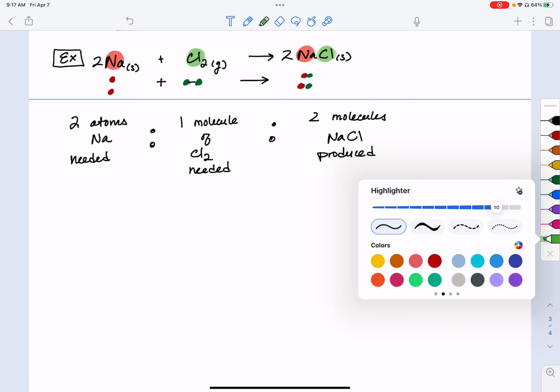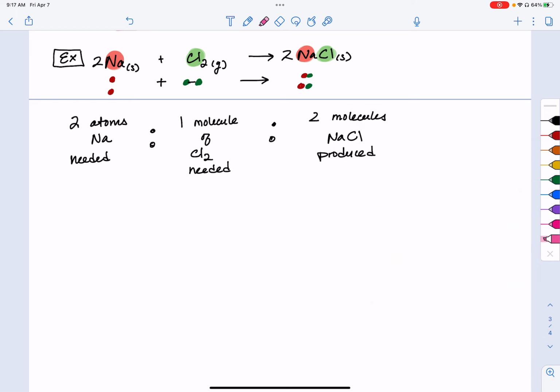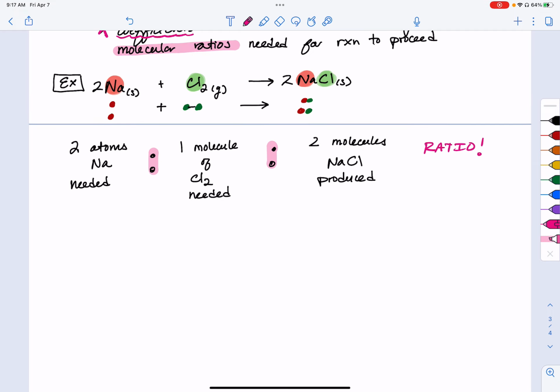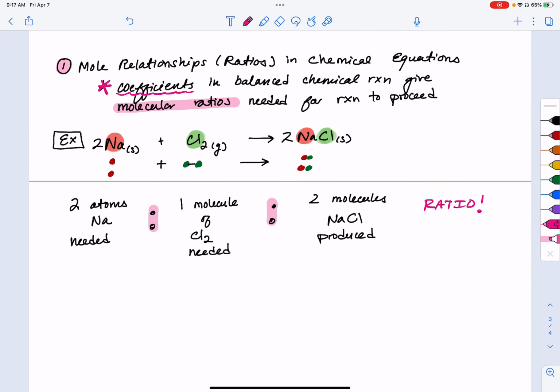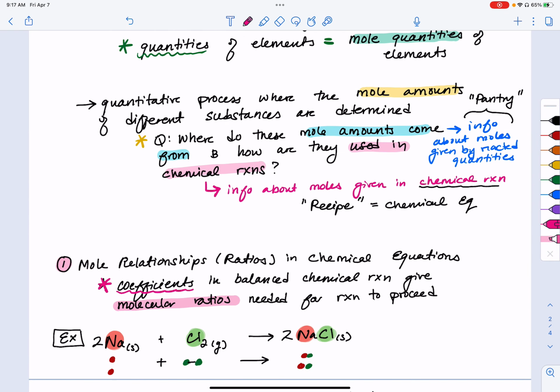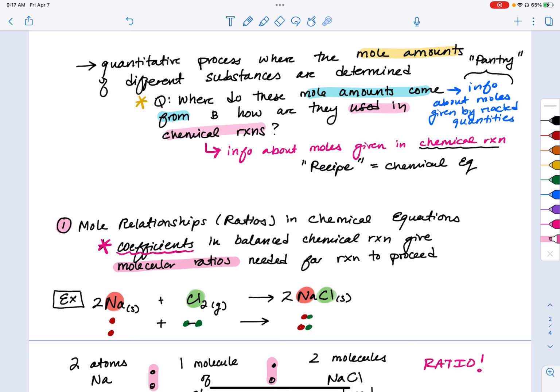And notice this language of for every this, there's this, that is a ratio. Now, how is it that this is helpful for us when thinking about stoichiometry, where we need to get mole amounts?